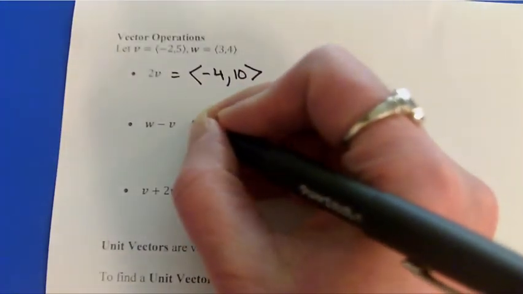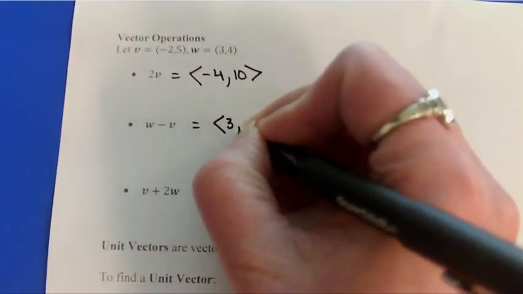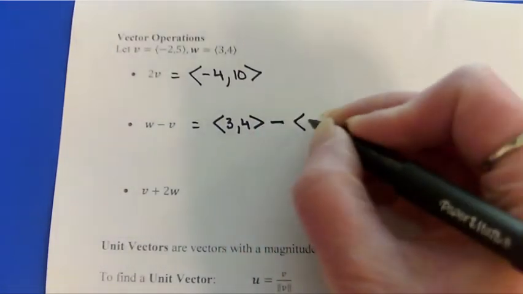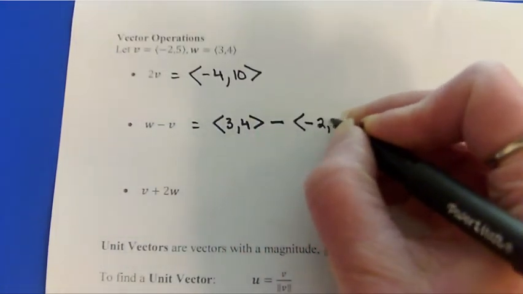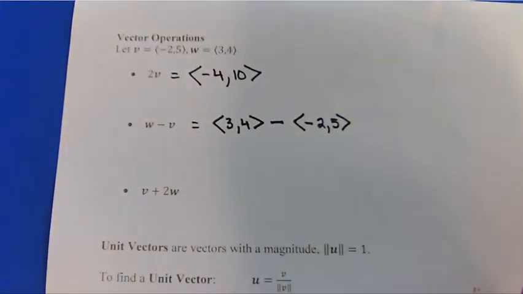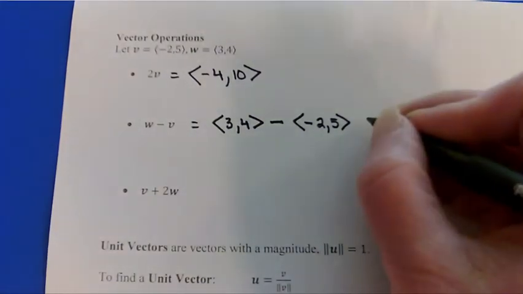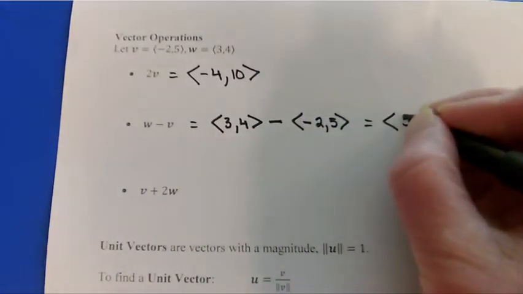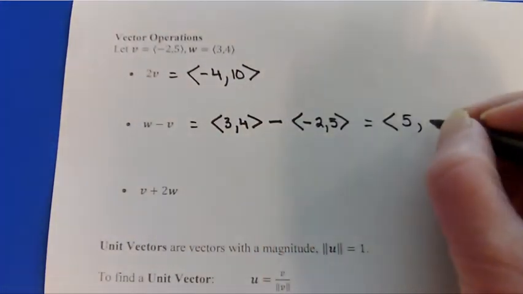What do you think it means to do w minus v? Well, that would mean I'm taking w minus v. Think about it. 3 minus -2, and then 4 minus 5.